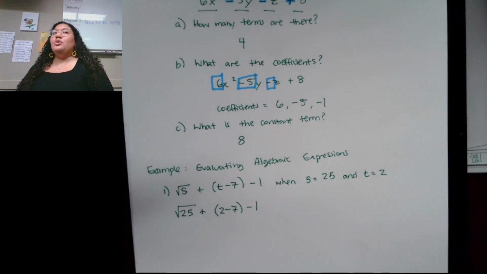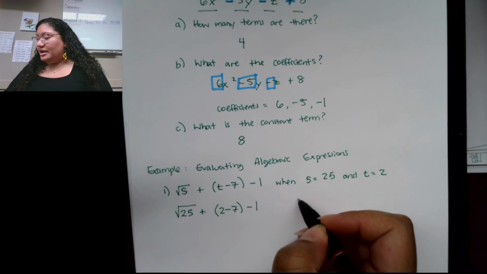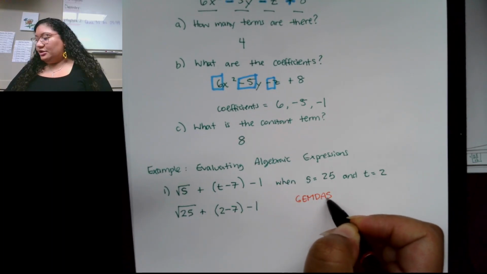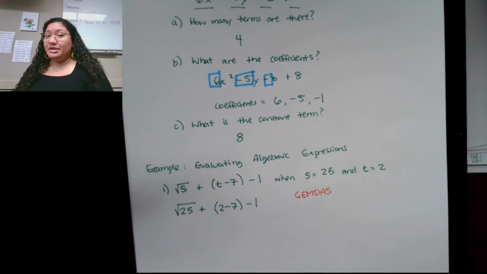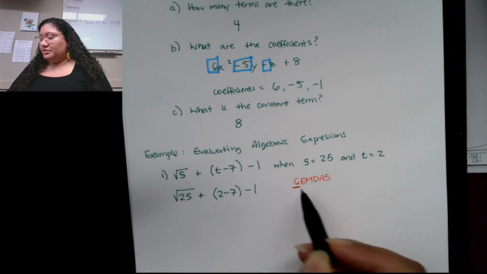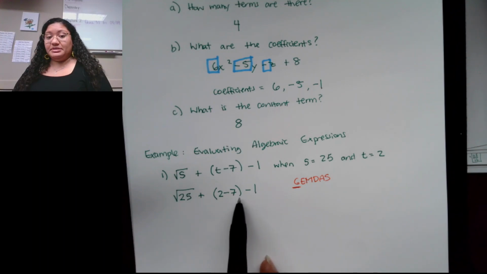Okay. What is the one thing that we never stop using and keep using forever and ever to solve these? GEMDAS. Okay, looking at GEMDAS, what do I do first? Grouping. Okay, so my grouping will be my parentheses, 2 minus 7.